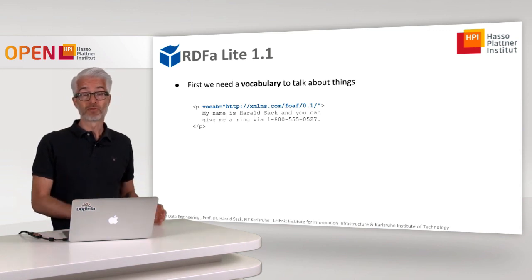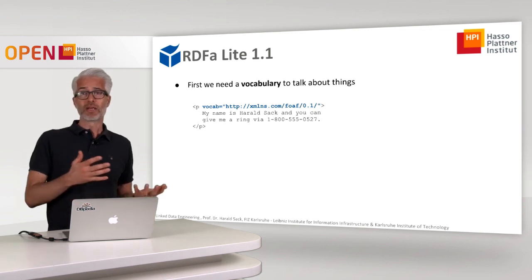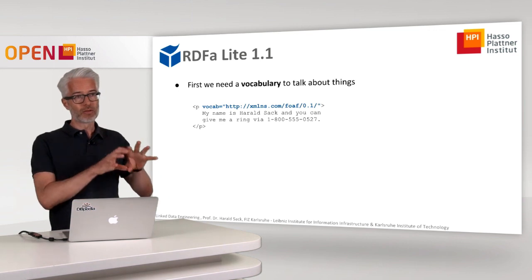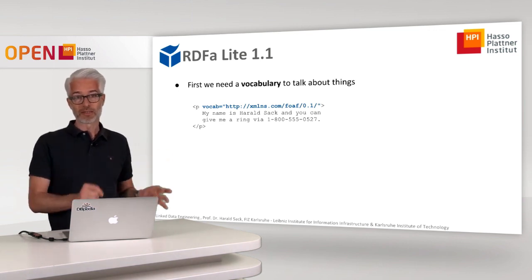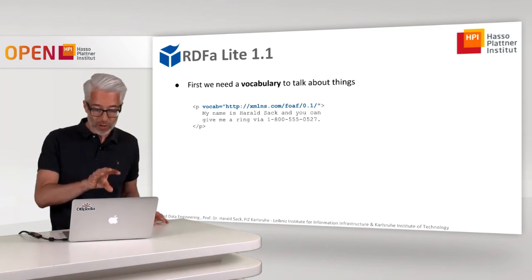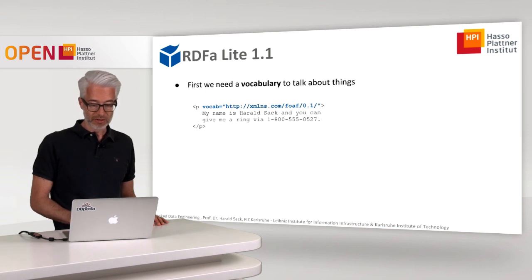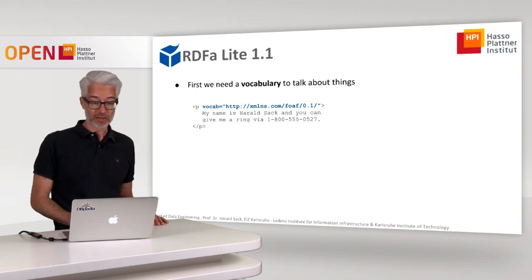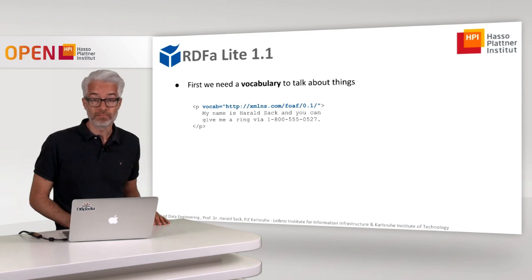FOAF is a very prominent vocabulary which is used to express, for example, relationships in social networks, to enable including structured data about persons, addresses, organizations, and stuff like that. So we are using exactly this kind of namespace here, the FOAF namespace, where all the properties and classes that we are using here are defined. So this is the vocabulary that we are using.